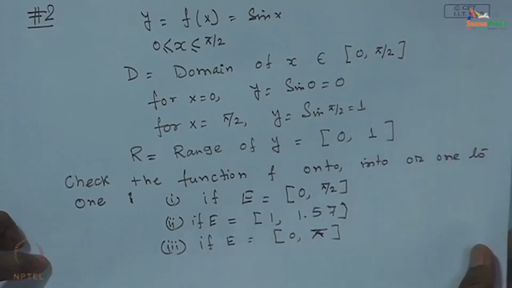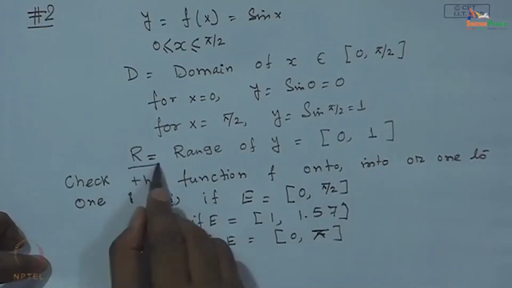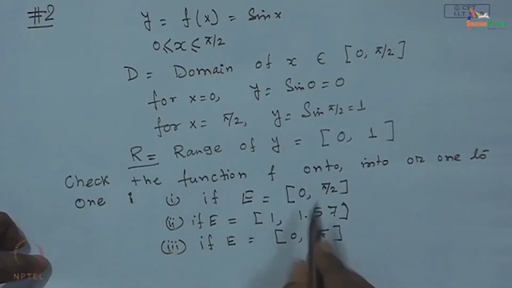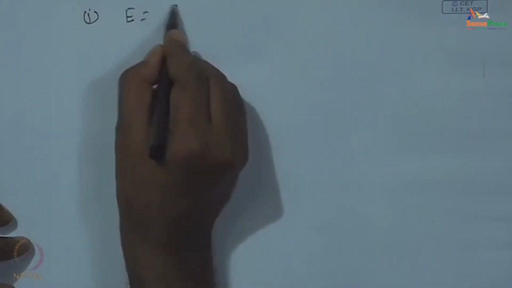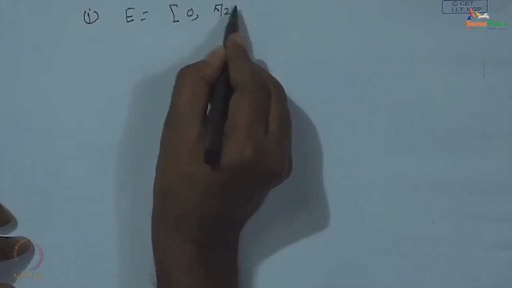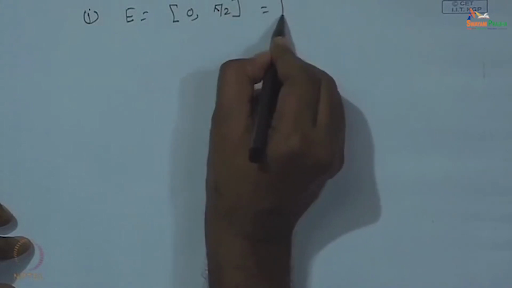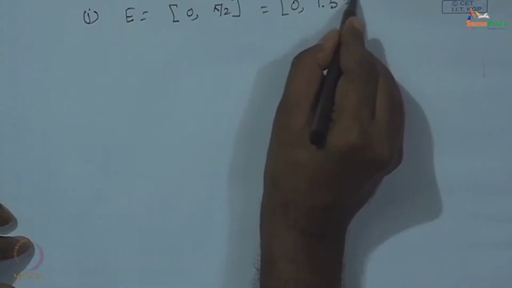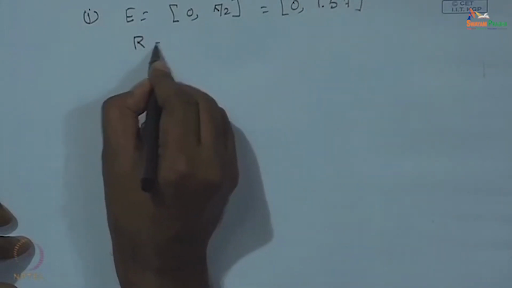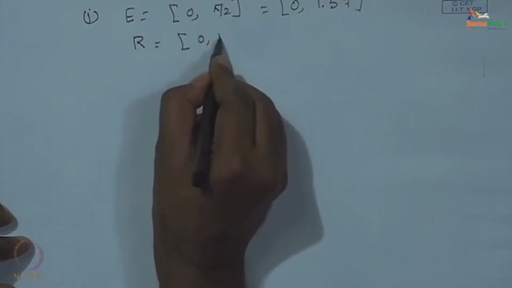We have already determined the set R, and for the three cases we have to compare whether R is a subset of E or not. Let us consider the first case, case 1: E is 0 to pi by 2, that is, 3.14 divided by 2, which is 1.57, whereas my subset R is from 0 to 1.